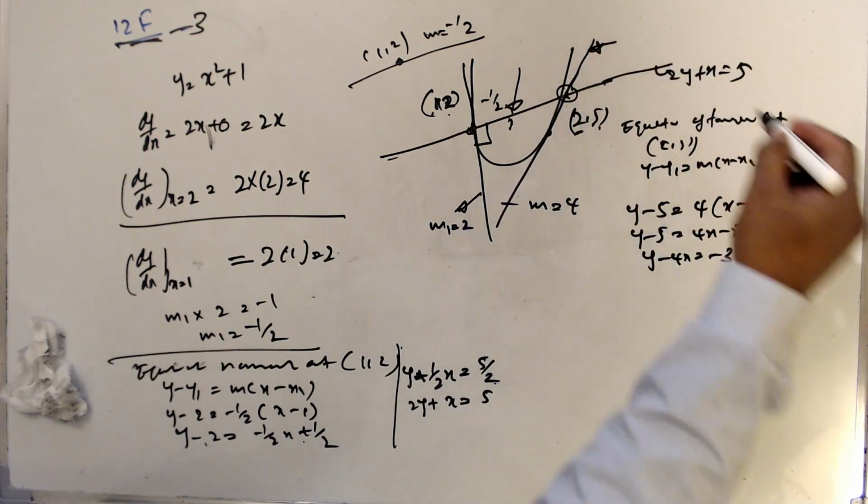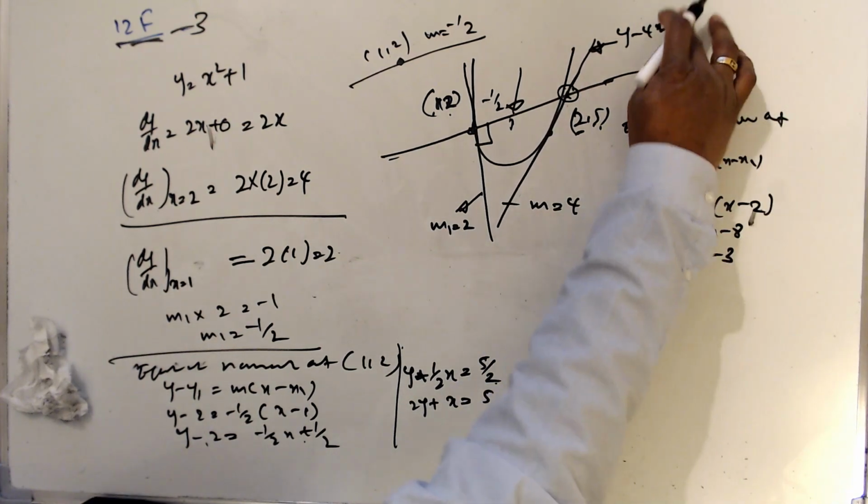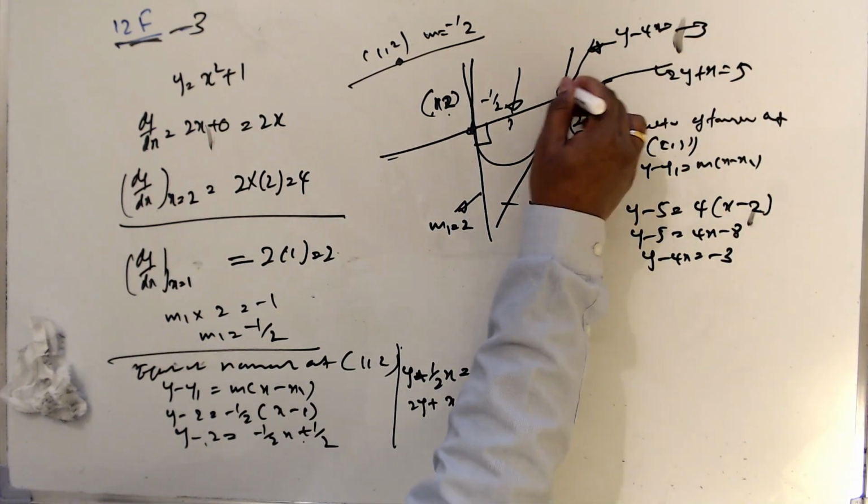The equation of this line is y minus 4x equals minus 3. Now we need to find this coordinate.